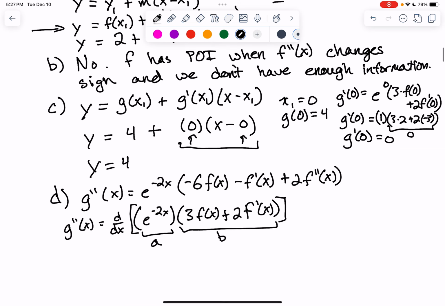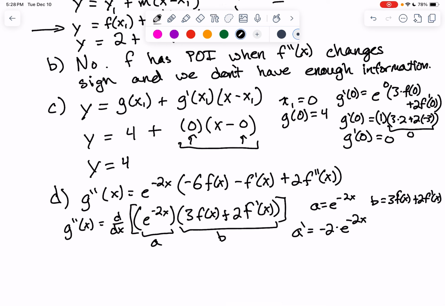So I'm going to do some labeling over here on the side. I'm going to say A equals e to the negative 2x. A prime, the derivative of that, is going to have kind of a chain rule in it, the exponential chain rule. So negative 2 times e to the negative 2x. B is 3f of x plus 2f prime of x, which seems like a lot, but those are basic coefficient rules.